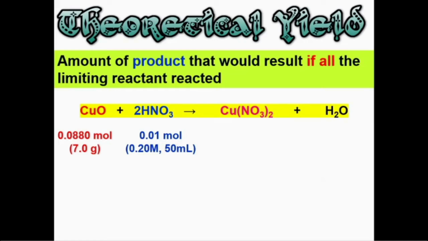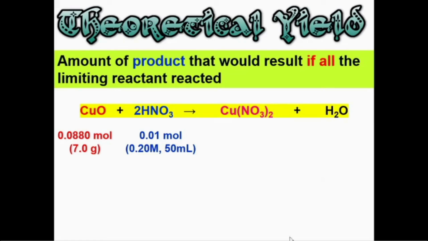So just now we have already determined that in this reaction, nitric acid is the limiting reactant, and that's why the moles of copper nitrate that should be produced depend on the moles of nitric acid.